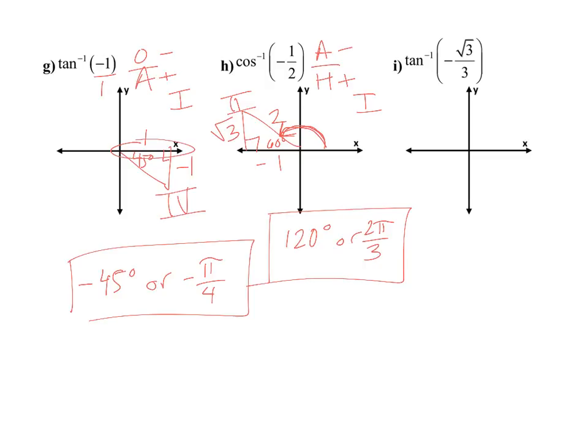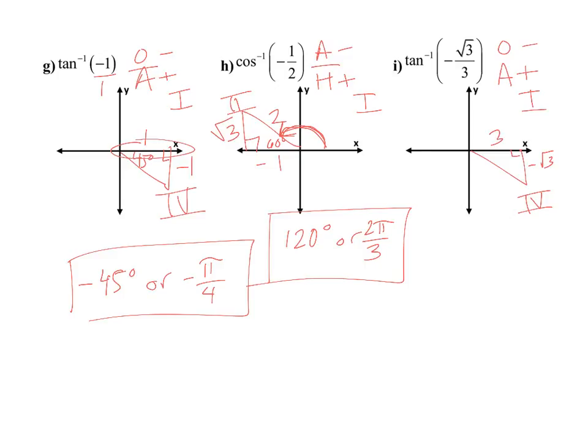Last one of this type, inverse tangent. Here I have opposite over adjacent. For tangent, I'm only working in quadrants 1 and 4. So adjacent has to be positive. Opposite is negative, so if opposite's negative, I'm in quadrant 4. That's a negative square root of 3, and adjacent is 3.